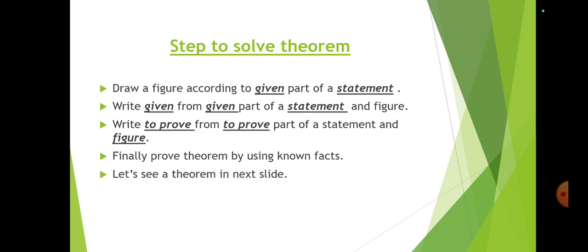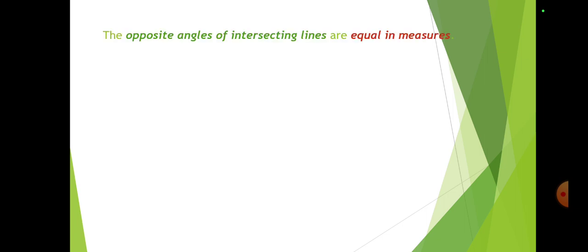Let us start to solve the theorem. I have taken one example here. The example is: the opposite angles of intersecting lines are equal in measures. Now I have colored the given part in green and the red part is to prove.